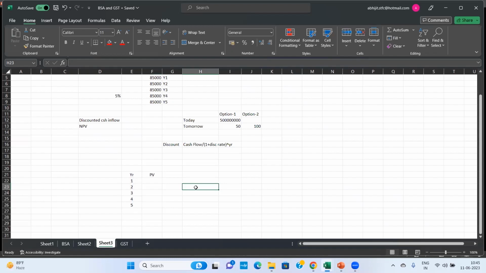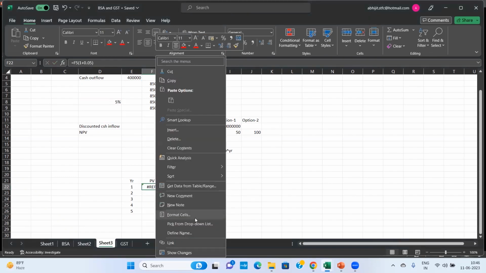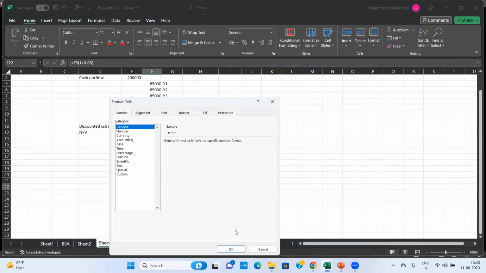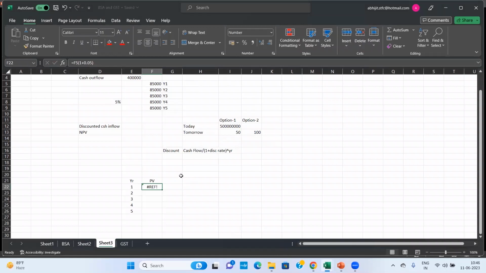Year 1 is 80,952.38. Correct. So year 5 is 66,599.72.